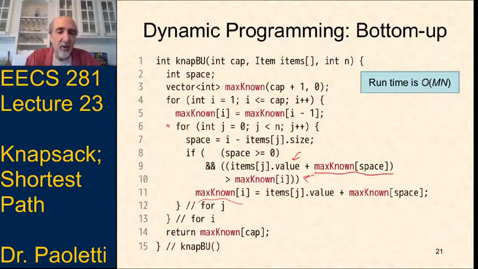And then I run through every one of the j items. I run through every one of the i capacities, and when I'm all done, I return the last thing in the knapsack. And since it's a vector, I could also say max known dot back here instead of max known subcap, either way. So I return the last value in that vector, and I've got the best there is.